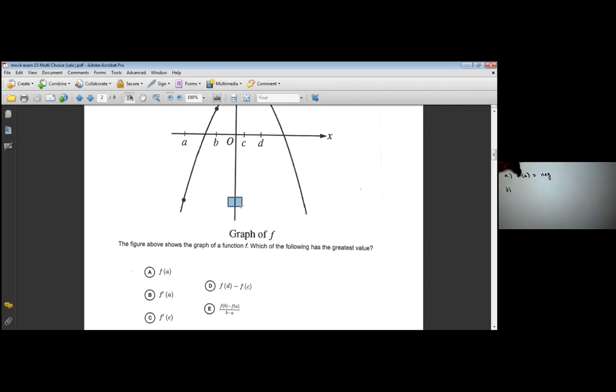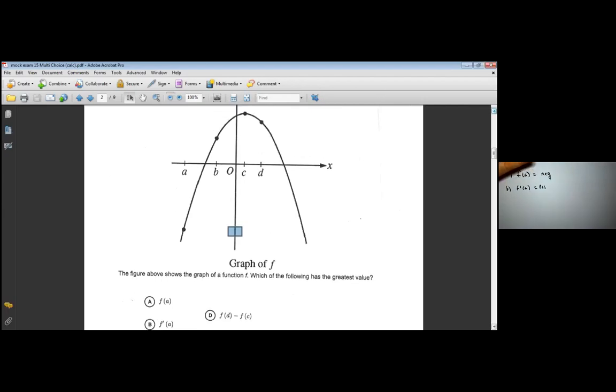For B, F prime of A, that'd be the slope of that tangent line, right? So we know F prime of A is going to be something positive. Next one, F prime of C. Easy enough. That one's going to be 0.